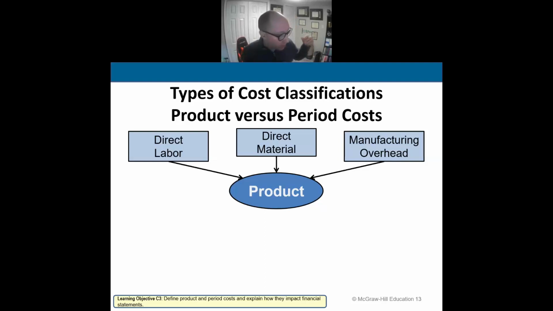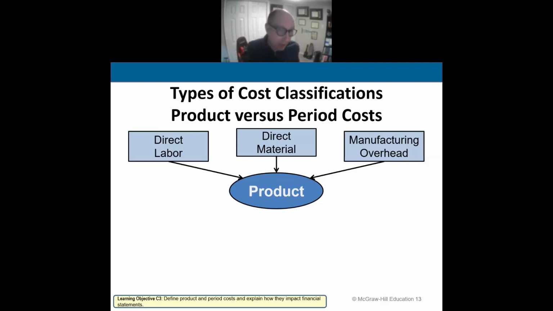In our example, we have metal that makes up the frame of the car. We have the engine and the associated parts with that engine. We have rubber for the tires. Those are direct materials. And they make up the majority of the cost of the vehicle.